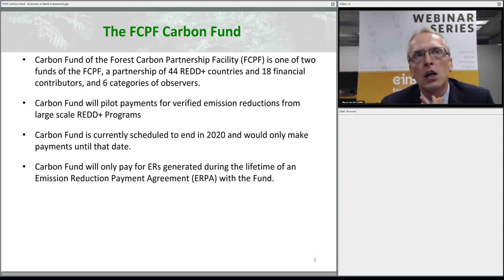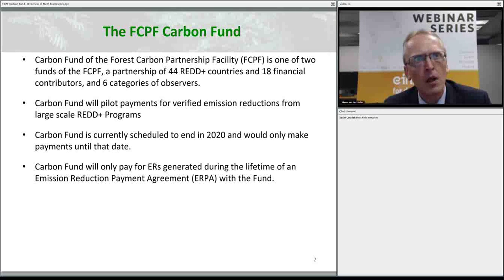The Carbon Fund is part of the Forest Carbon Partnership Facility, which is a facility that brings together donors and REDD countries to talk about REDD. And the Carbon Fund is one of the two funds in the FCPF. The Carbon Fund is designed to pay for emission reductions from large-scale REDD Plus programs from a limited number of REDD countries.